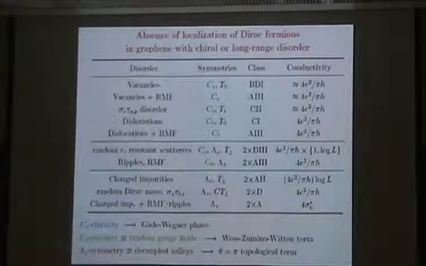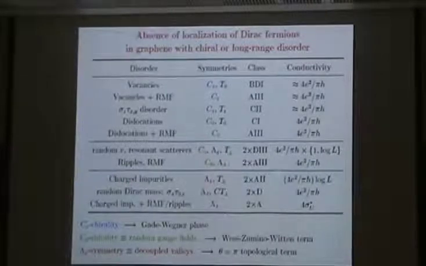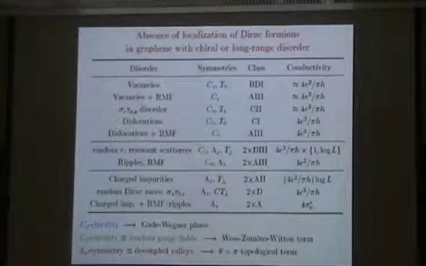Basically, it's 2 by 2, so there are 4 Pauli matrices, and you may add 4 types of disorder, which will be random potential, random vector potential, and random mass. Depending on what you do, you keep or break symmetry. If it's only random potential, then you preserve this sort of effective time reversal. If there are other types of disorder, you break this effective time reversal.